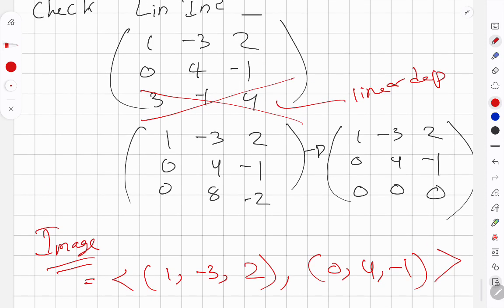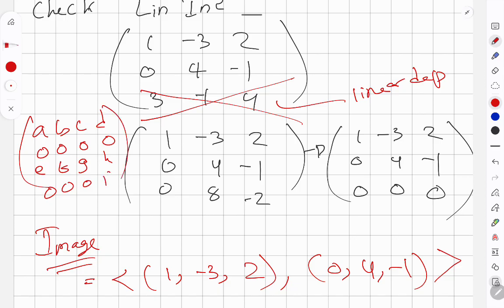For example, if at the end you have swapped maybe 4 times, you just end up with rows A B C D, 0 0 0 0, E F G H, 0 0 0 I. You don't need to think about what it was originally.